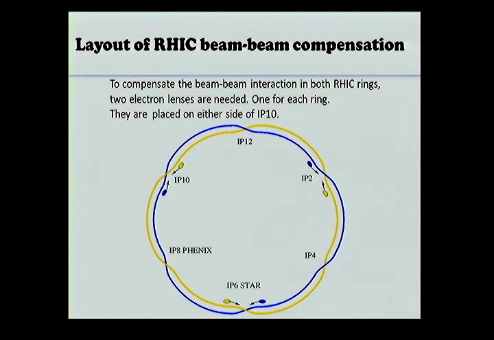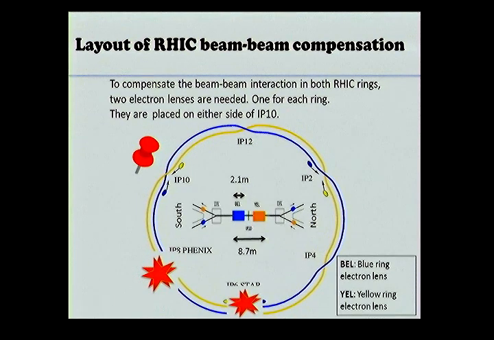I remind you there are two proton beam-beam interactions at IP6 and IP8. We place the electron lenses around IP10. Zooming in here, we put the blue ring electron lens on the south of IP10 and the yellow electron lens on the north of IP10.